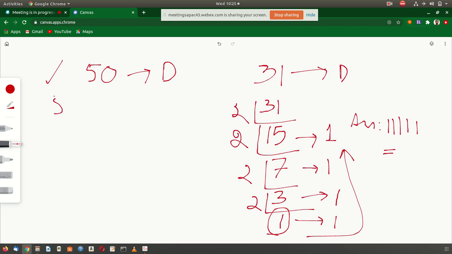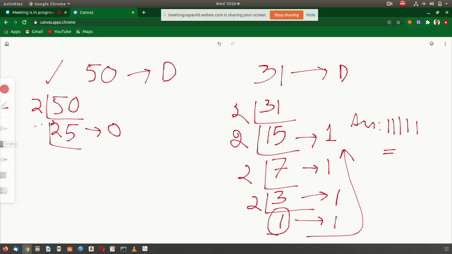50 divided by 2. So 25 times, and the leftover is 0. 25, if we divide by 2, the nearest that can be divided is 24. So 12 into 2 is 24, leftover is 1.